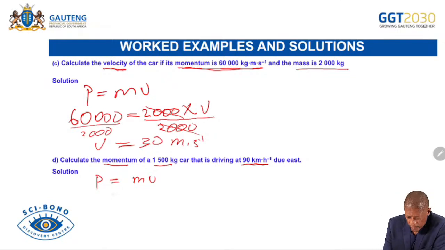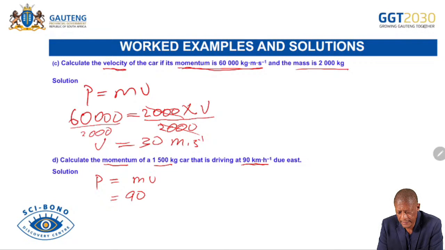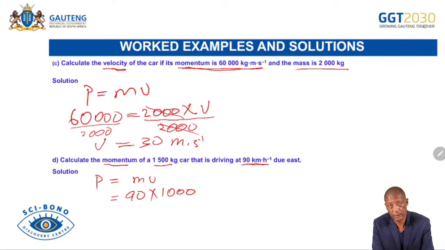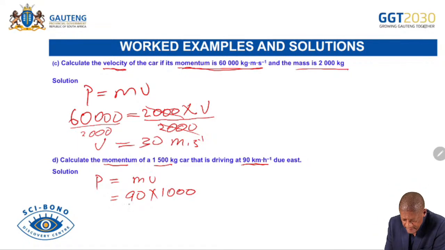Now, what we do, I want us to do it like this. We have the mass, which is 90. Now, kilometer, what does that mean? Kilo means multiply by what? 1,000. Multiply by 1,000. Per means divide.